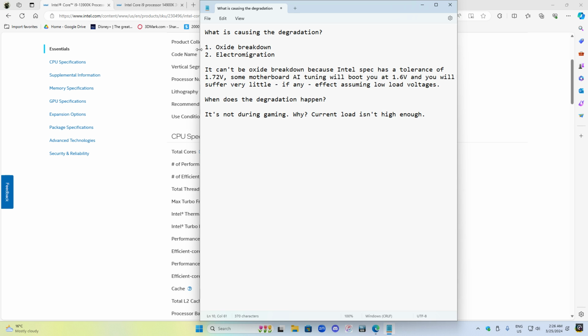So, when does the degradation happen? The degradation happens during shader compilation, random updates and downloads, and any portion of AVX code.